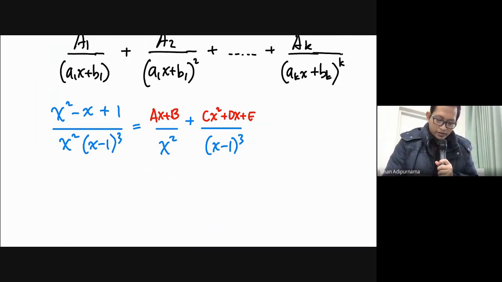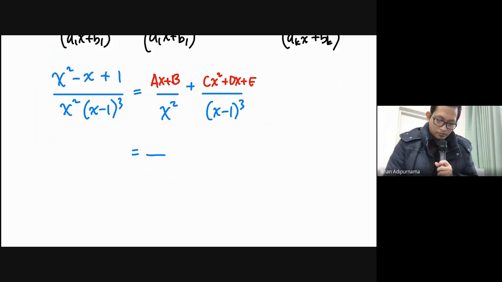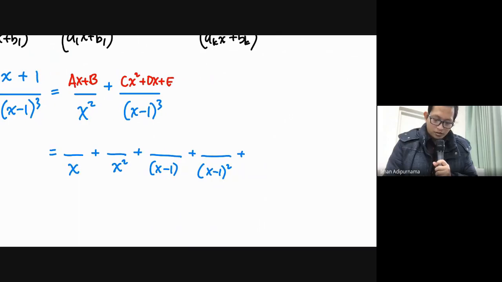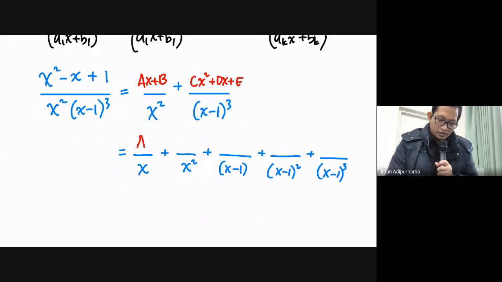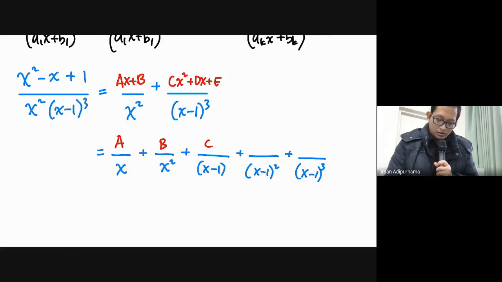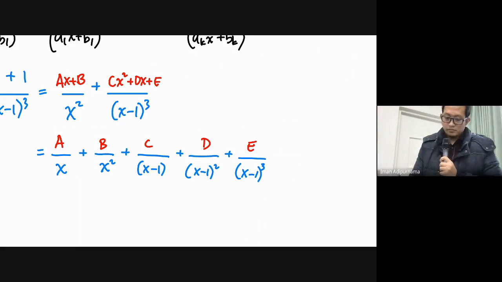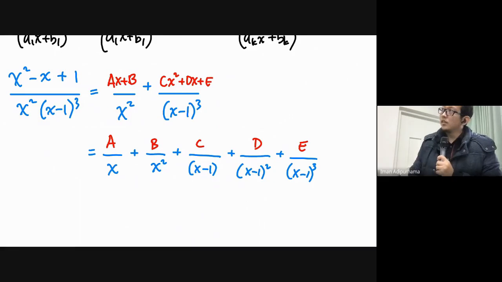Now we can write this as x squared plus x minus 1 plus x minus 1 squared plus x minus 1 cubed. And nicely, we will have a, b, c, d, and e.